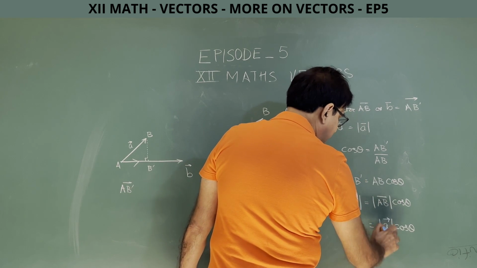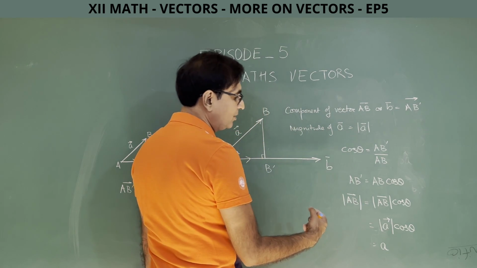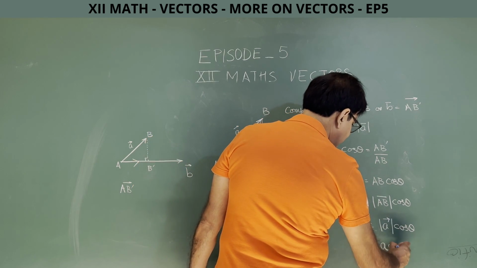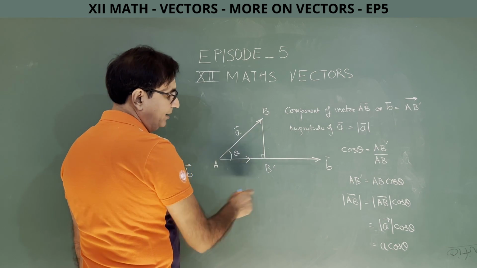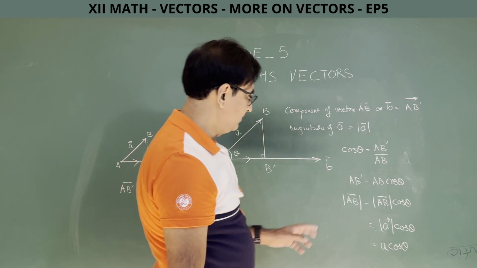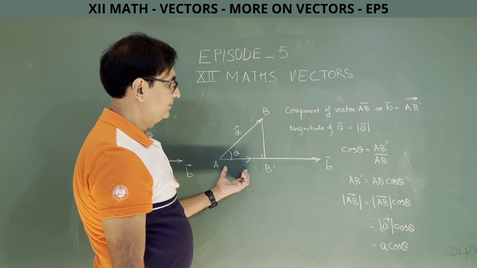Magnitude of A vector can also be written simply as A. Don't put an arrow, don't put the symbols of magnitude, A cos theta. So the magnitude of this vector will be A cos theta. Alright. So AB cos theta will be the magnitude of this vector.